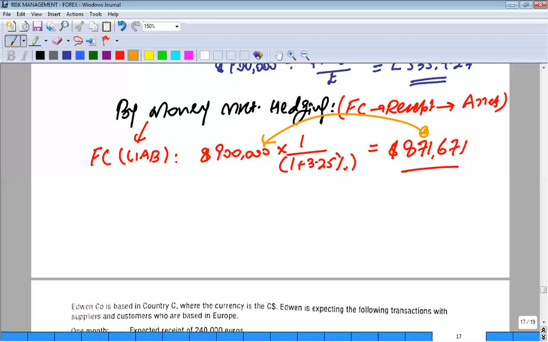But the important point is, what to do now? If we arrange an 871,671 foreign currency liability, then we have to convert it into a local currency asset.